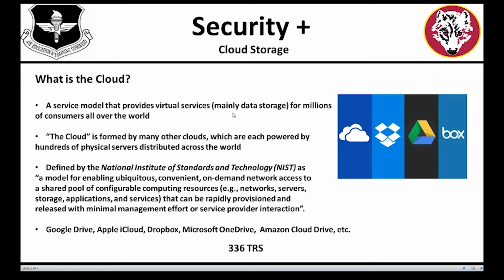Now, when we're talking about cloud storage, this is storage space. Some of those examples include things like Google Drive, Apple iCloud, Dropbox, Microsoft OneDrive, and Amazon Cloud Drive. By now, most of you have utilized one of these different methods to store information out there.